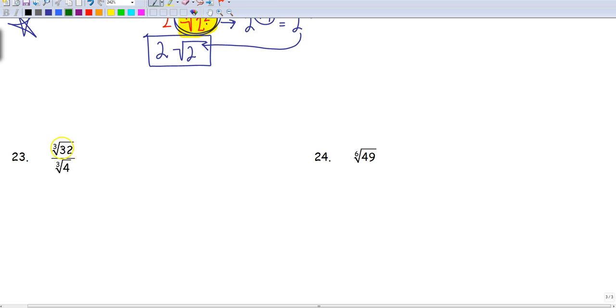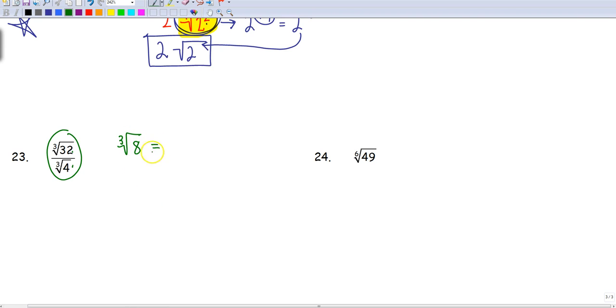All right, so just like you can multiply a square root by a square root or a cube root by a cube root, you can do the same when they're dividing. It's the cube root of 32 over the cube root of 4. 32 over 4 is 8.